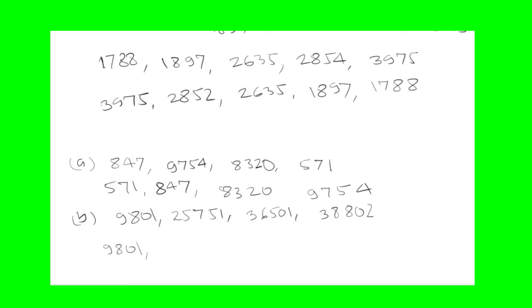Then the other 3 numbers are all 5-digit numbers, starting with 2, 3 and 3. So 2 will come first. So 25,751 will be our next number.